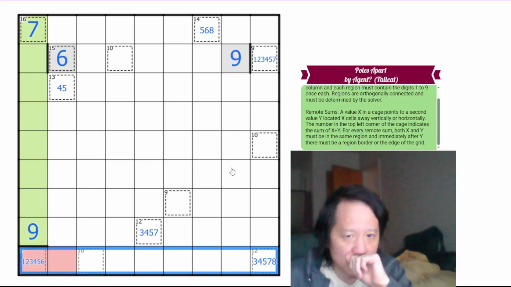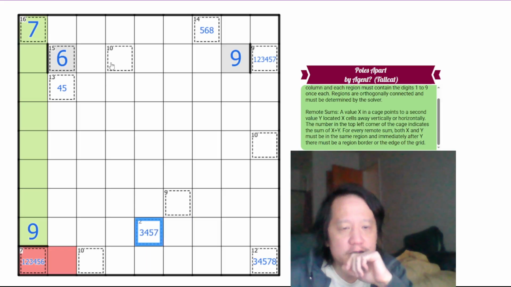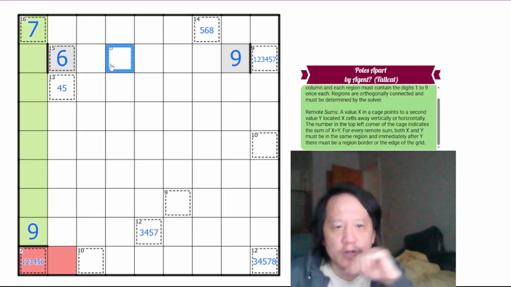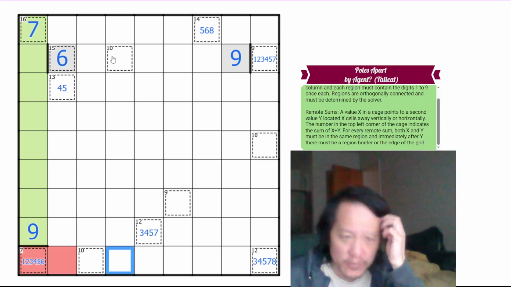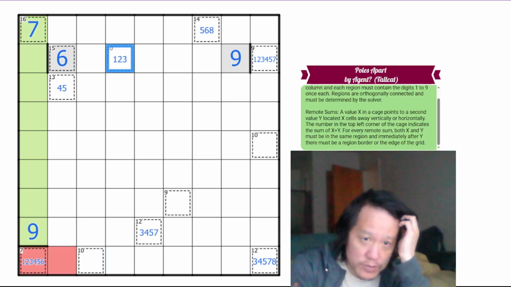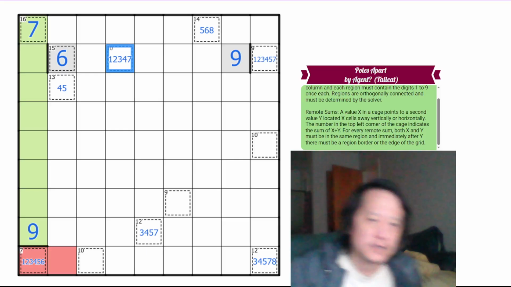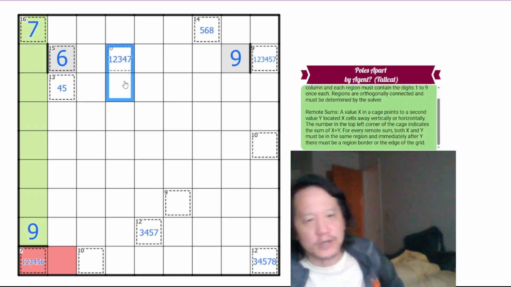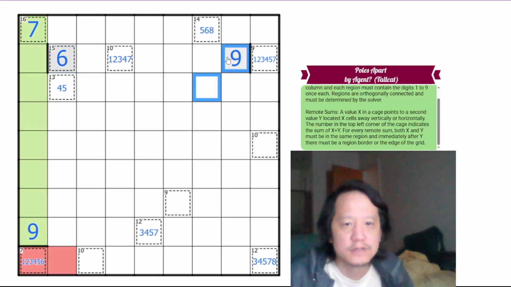Okay. This digit can go up to 1, 2, 3, 4, 5, 6, 7 away. So that's 1, 2, 3, 4, no 6 or 7. Interesting. 1 could go down to 1, 9 here, and this could go this way, I guess.